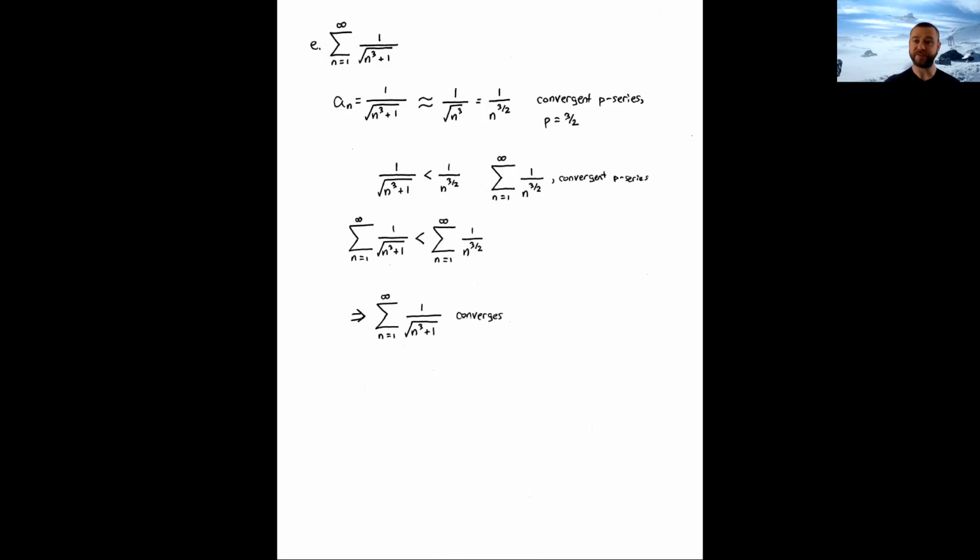And this is one of the benefits of the next test we'll get to, called the limit comparison test. It takes some of the thinking out of having to determine if yours converges or diverges, and takes the thinking out of how to find the comparison infinite series.